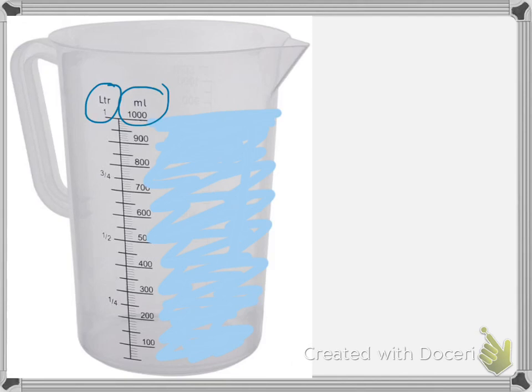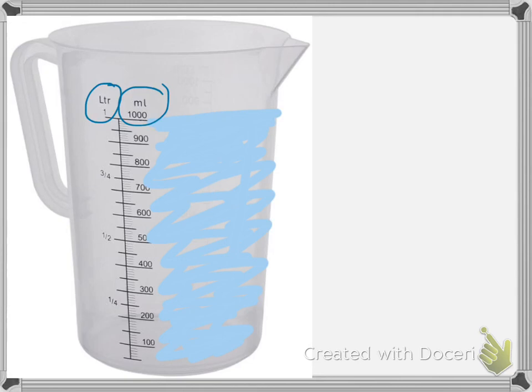And you'll notice so far that every metric measurement that we've used so far has something in common. And that is the number 1,000. If you take a minute to flip back into your notes, we did centimeters, meters, and kilometers.